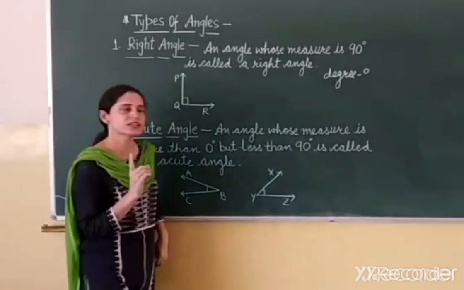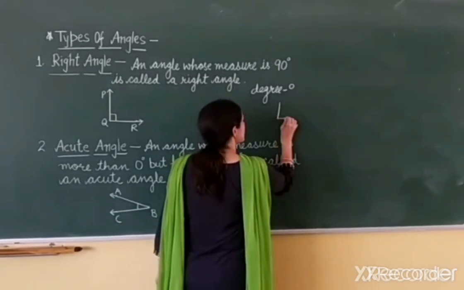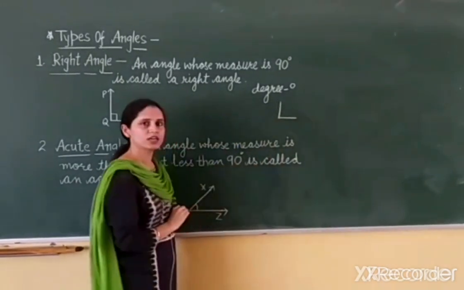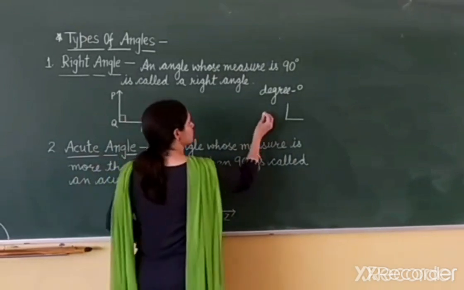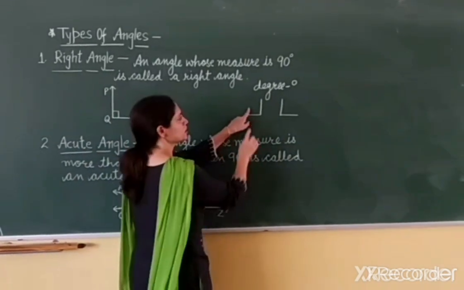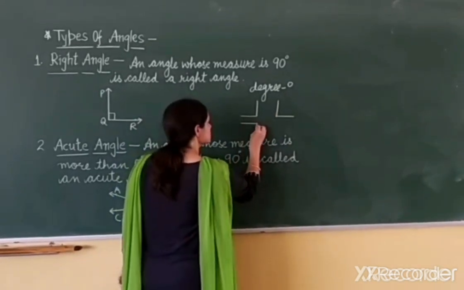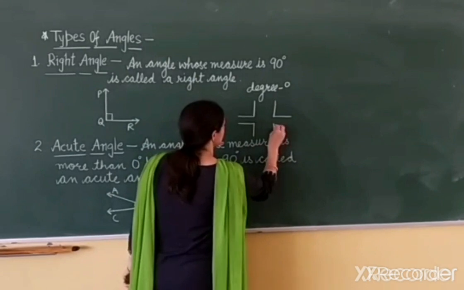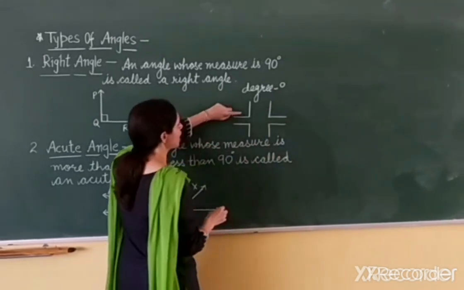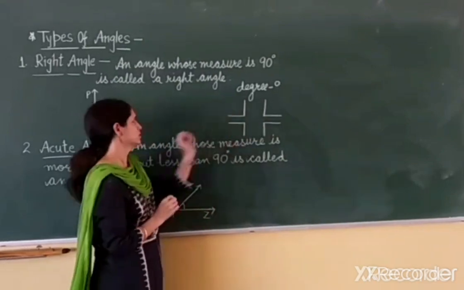Or we can say that an L-shaped figure makes an angle of 90 degree. This shape can be like this. So it is the mirror image of this, or it can be like this, or it can be like this. So these are the mirror images of these two figures.